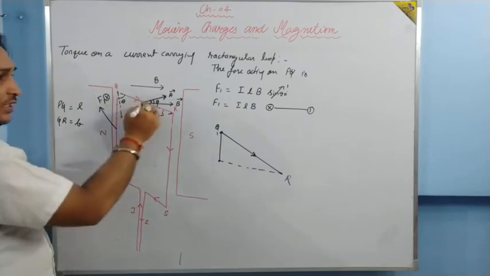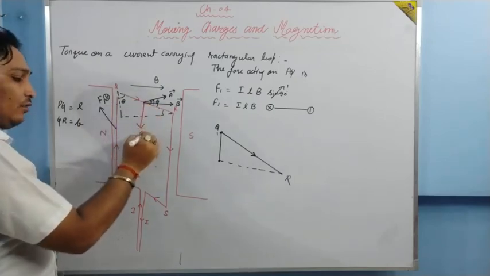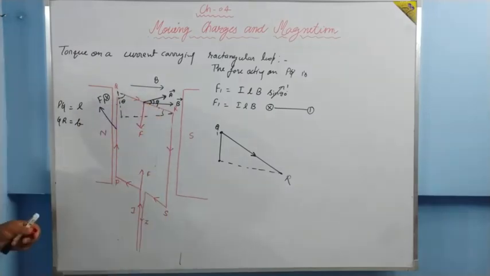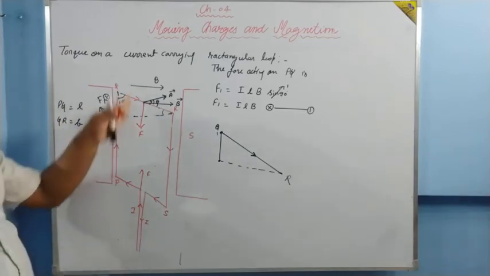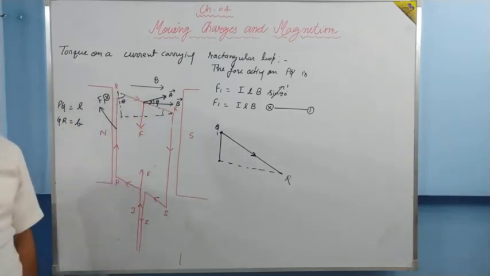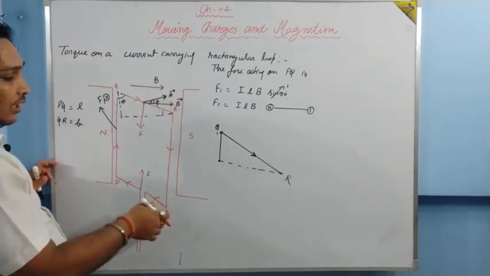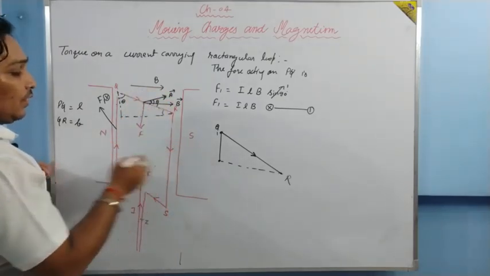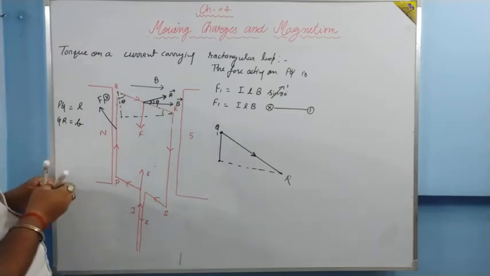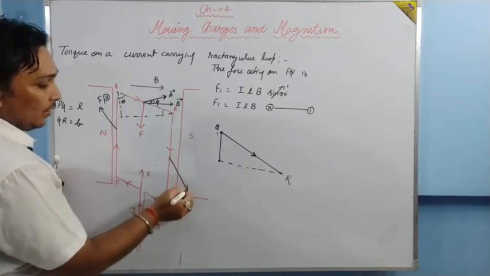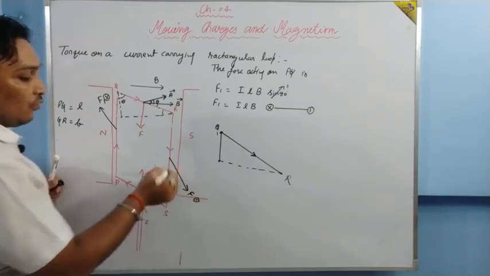So on this, force will be acting downward. In the same manner here, and that's why this will not have any effect on the motion of the coil. But here the direction of force is downward, and the magnetic field is this way, so the force will be towards outward.